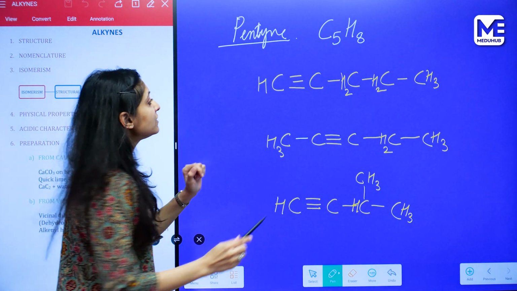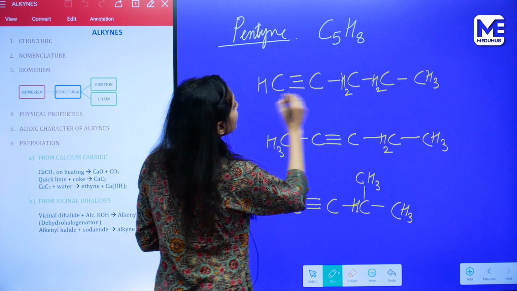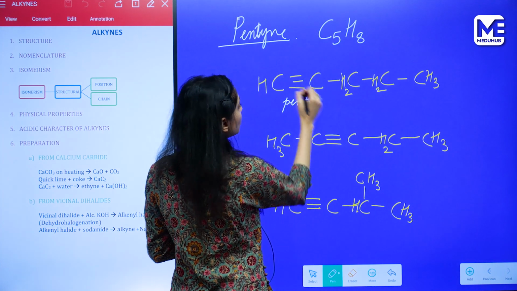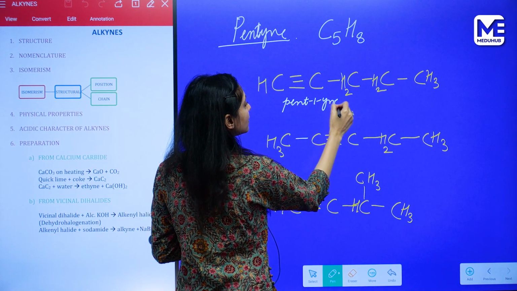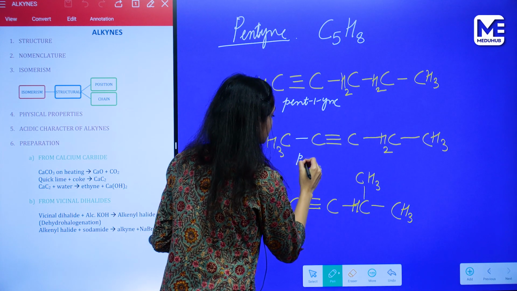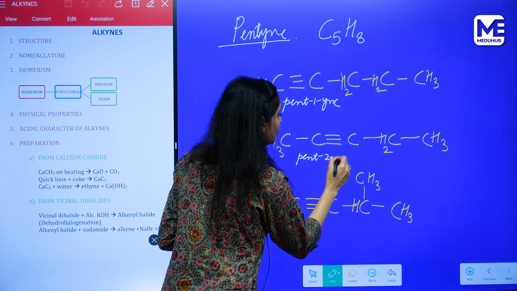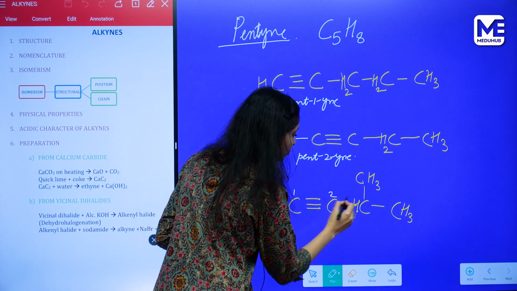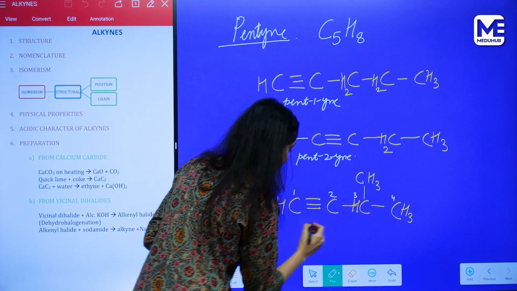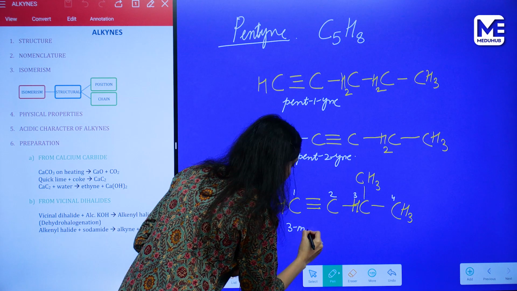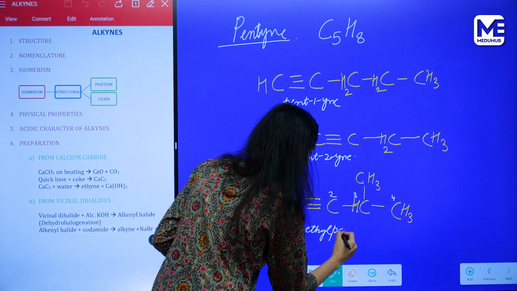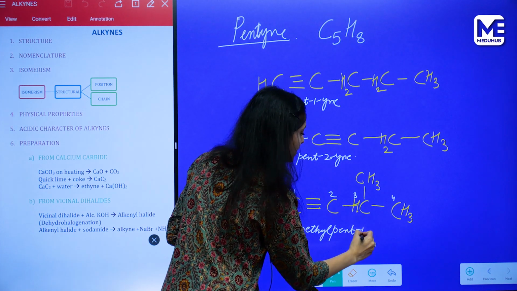How will you name these according to the IUPAC nomenclature? This will be pent-1-yne. This will be pent-2-yne. And this will be 1, 2, 3, 4, 3-methylpent-1-yne.